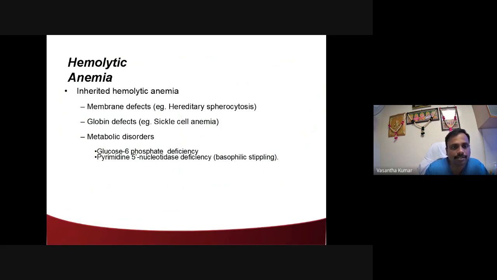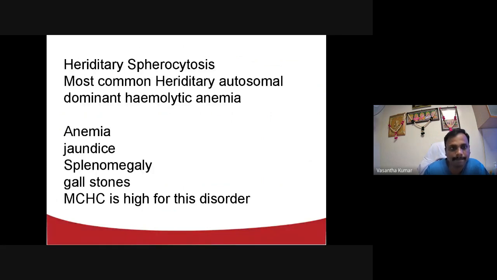So hemolytic anemia is due to a membrane defect, a globin chain defect, or a metabolic disorder. A few words about hereditary spherocytosis. The normal biconcave disc shape is lost due to deficiency of proteins called spectrin and ankyrin inside the RBC. So the patients will present with hemolysis. There will be anemia, and there is jaundice, and in the jaundice the patients will have unconjugated bilirubin.